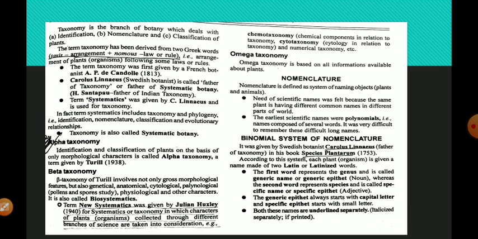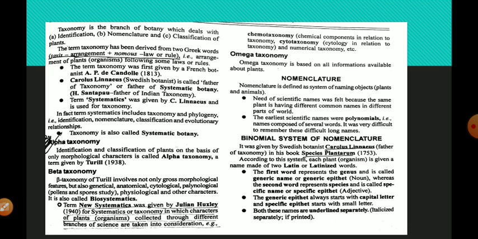In alpha taxonomy, we identify and classify new plant species only on the basis of morphological characters. But in beta taxonomy, we consider cytological, palynological, anatomical and genetical characters along with morphological ones, and on this basis we classify a new plant species.